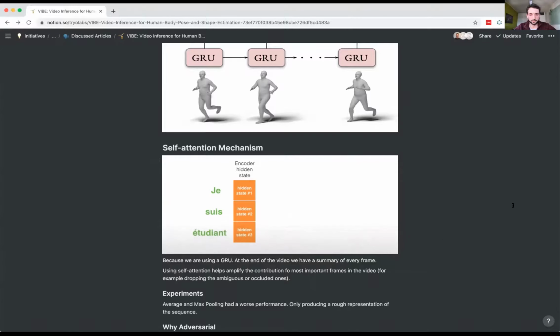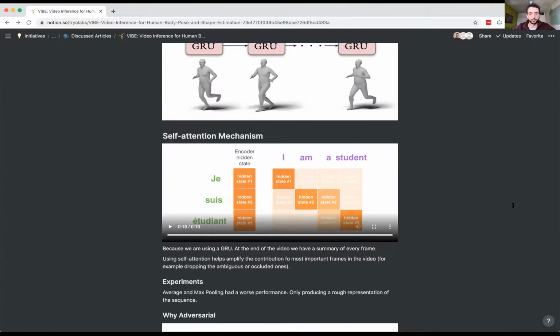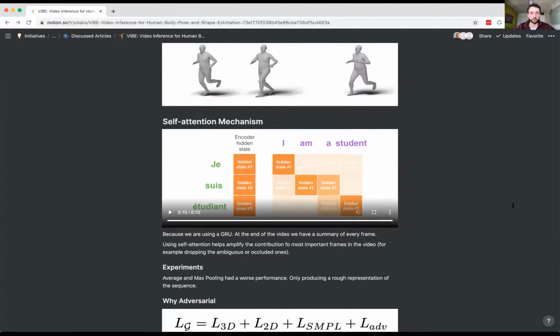So just an idea of self-attention. It started in the world of NLP, when you wanted to have information for maybe a translation, not only of the word, but of the words that were around it. And so, for example, in this translation, you want to switch the places of the verbs. And that's when self-attention comes in handy.